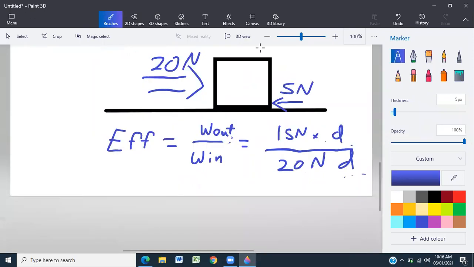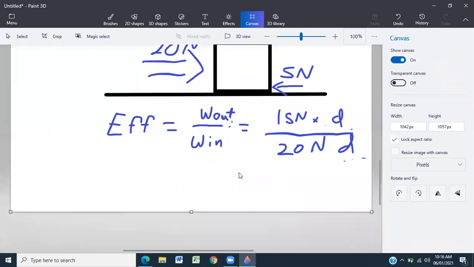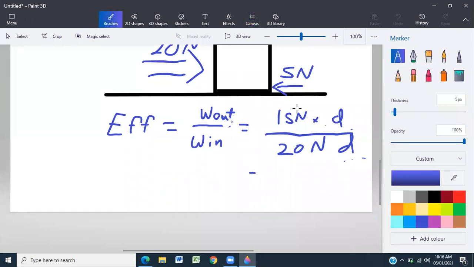So if this travels 4 meters, then of course we had to be pushing it for 4 meters, right? So the D's would cancel out, and we'd end up with efficiency being 15 over 20, which is 3/4, which is 75%. We could say that the efficiency of this system is 75%.